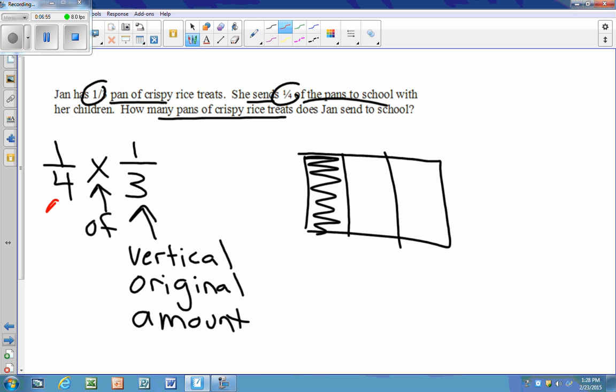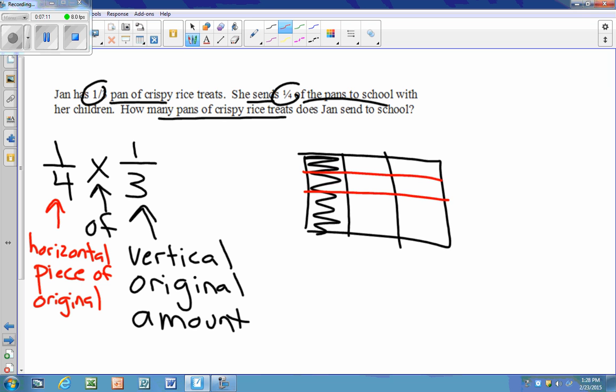This is going to be my horizontal. And it's the piece of original. So we're going to split this into fourths now, going horizontal. And we want to shade in one of those fourths. And that gets me 1/12. And if I multiply straight across, 1 times 1 is 1, 4 times 3 is 12. Jan will send 1/12 of her pans to school.